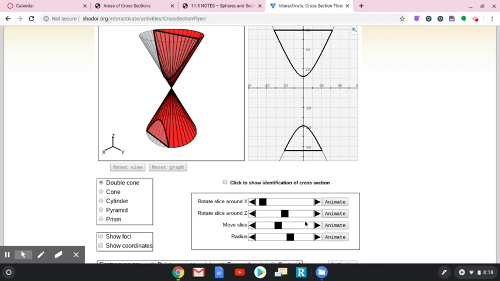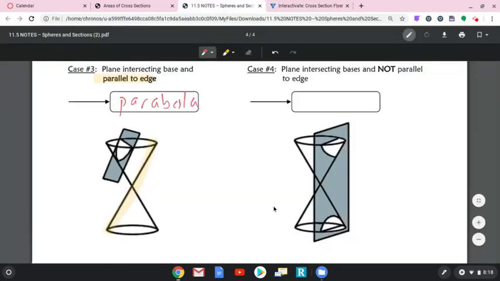This is going to be my hyperbola. It turns in a different direction. So here is when it intersects, it's not parallel to the edge. The plane intersecting the bases and not parallel to the edge will form a hyperbola. All right, guys? So those are your conic sections.